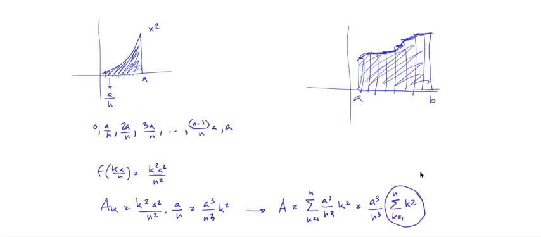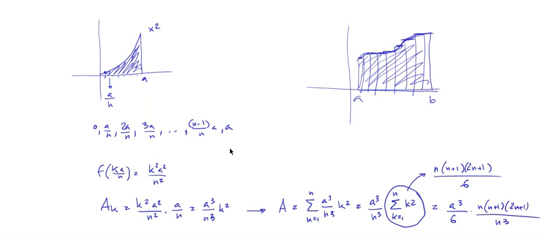This is the sum of the squares of the first n natural numbers, and we've seen this before in Unit 1. This is n times n plus 1 times 2n plus 1 divided by 6.